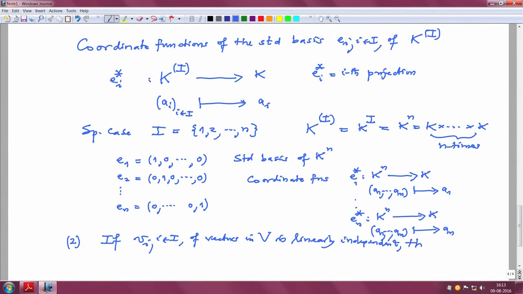In this case, we cannot say it is a basis of V, because we may not know whether it is a generating set for V or not.